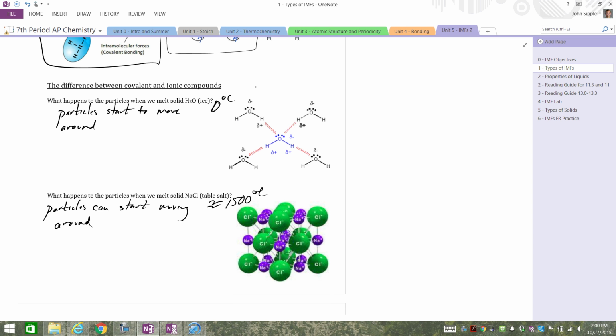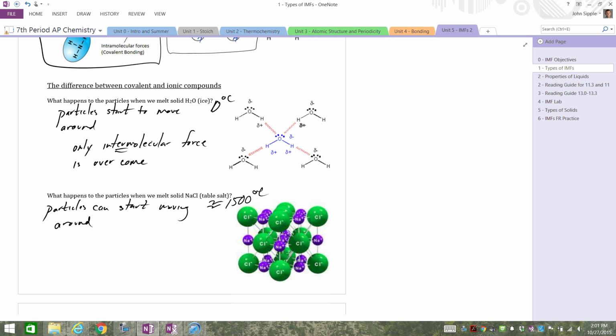The intermolecular force. Only the intermolecular force is overcome when we melt ice.